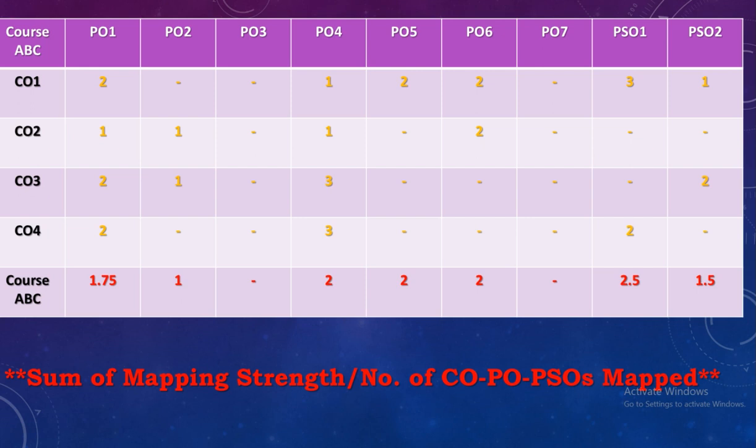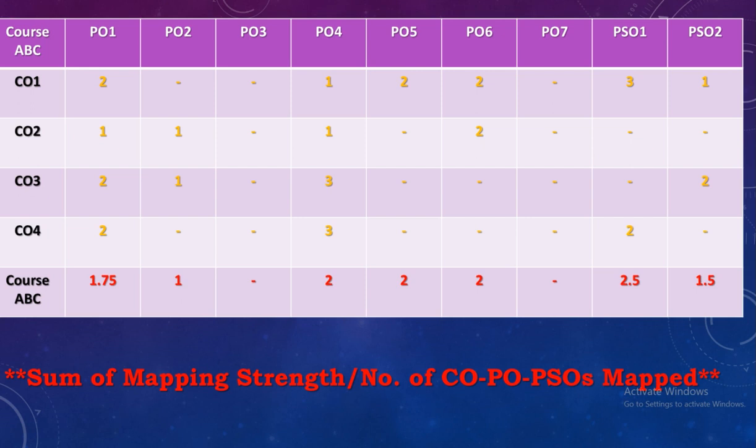It is important. For PO3, you can understand this case. No cell has been or no CO-PO has been mapped or can be mapped, and therefore no value can be assigned. We can go to PO5 for a better understanding of this. In PO5, the PO5 statement matches only with the CO1 statement, and no other CO can be matched with the PO5 statement.